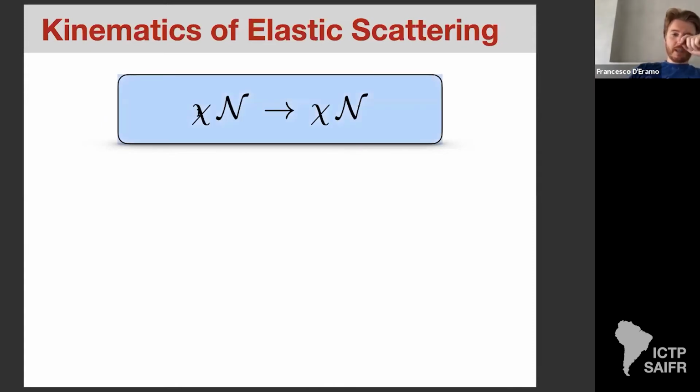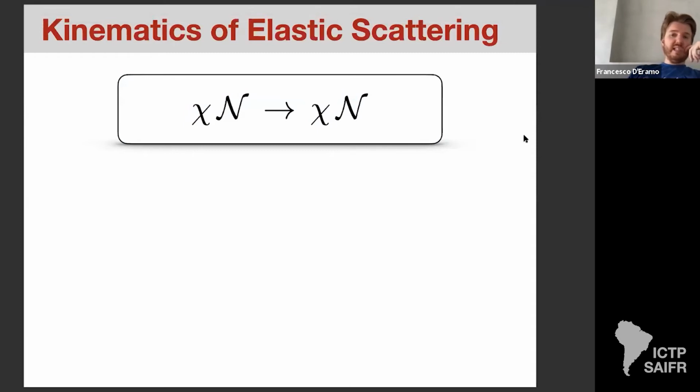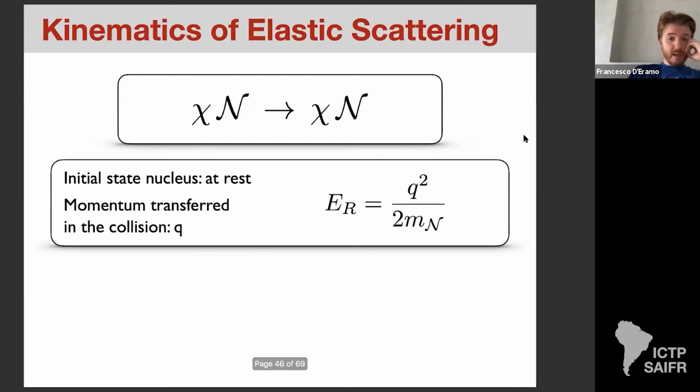You have a dark matter particle chi hitting a nucleus N, and then you have in the final state the same two particles, okay? I only consider elastic collisions, although there is also an interesting study of inelastic kinematics, but it's beyond the purpose of this introductory lecture, okay? So the initial nucleus is at rest.